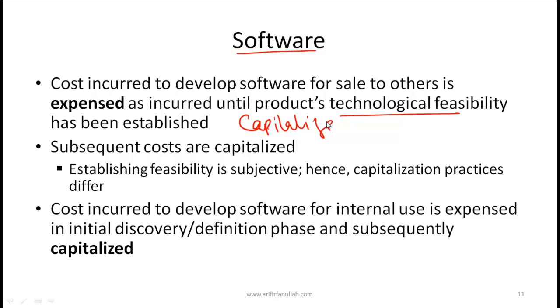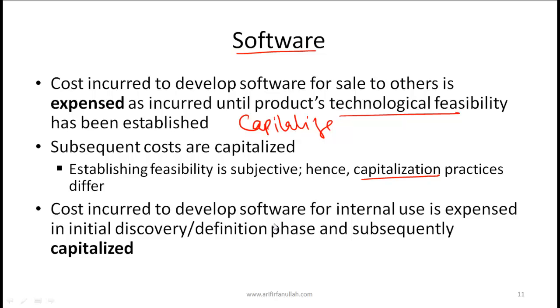However, this is fairly subjective. Microsoft, for example, just expenses all its software development costs. Subsequent costs are capitalized, but as I just said, establishing feasibility is subjective. Hence, capitalization practices can differ from firm to firm.